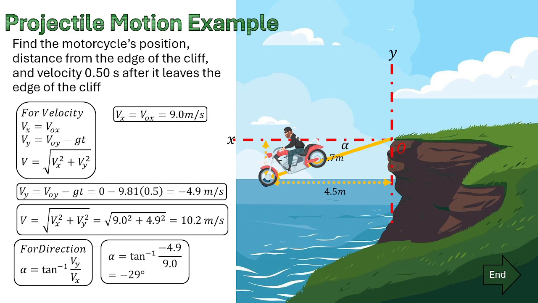Arctan of negative 4.9 over 9.0 is equal to negative 29 degrees. This means that our alpha is 29 degrees below the horizontal. So 10.2 meters per second is at a direction of 29 degrees below the horizontal.